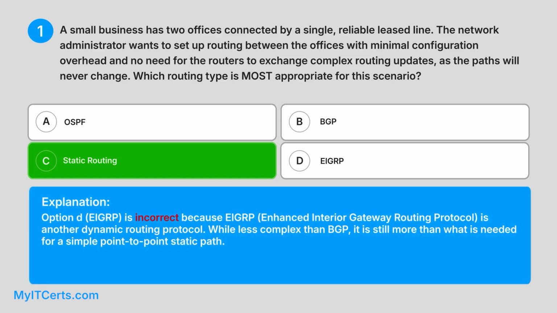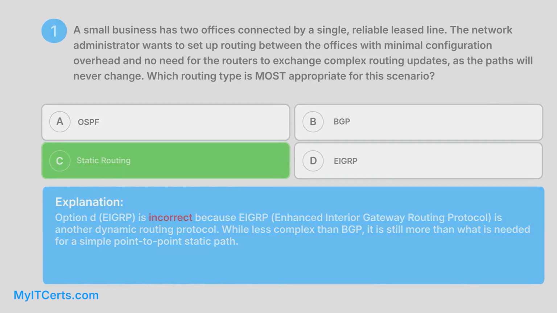Option D, EIGRP, is incorrect because EIGRP, Enhanced Interior Gateway Routing Protocol, is another dynamic routing protocol. While less complex than BGP, it is still more than what is needed for a simple point-to-point static path.